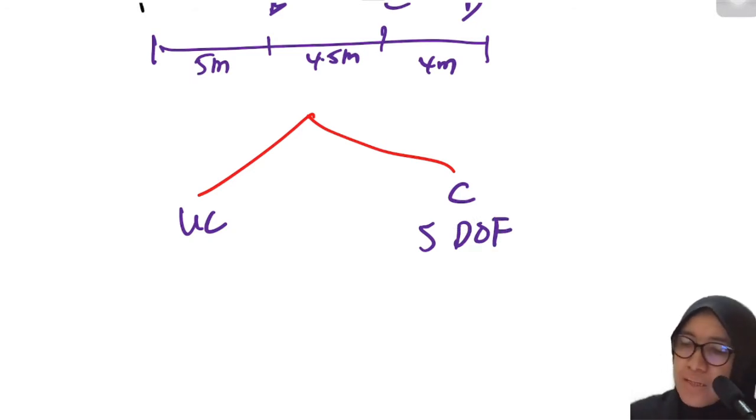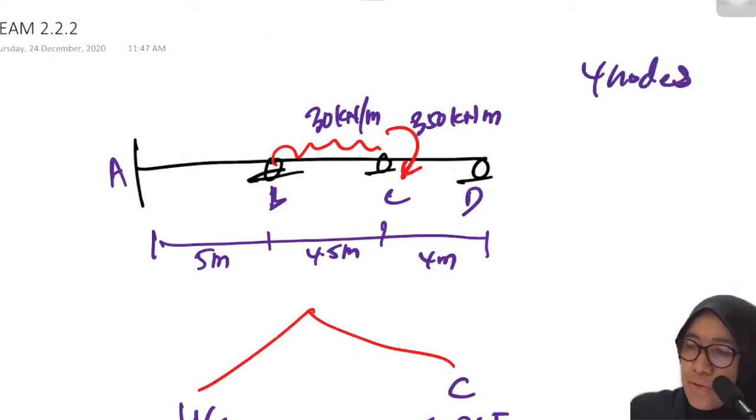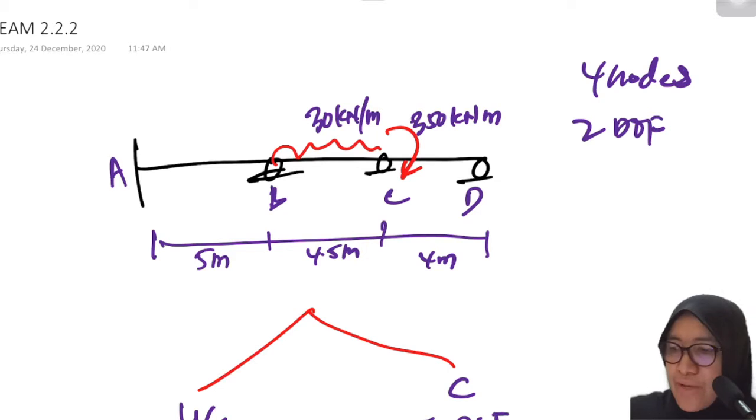In total there are four nodes, and with 2 DOF each node, the total must be 8.